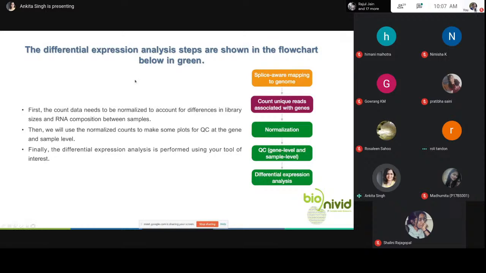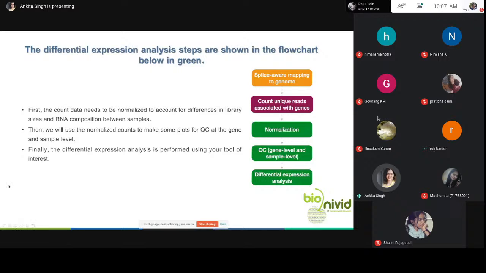So after you get the count data, it is not that you straight away start with the analysis. There are many different steps which you have to follow and look into your data, to check whether your data is good to go for a differential expression or not.